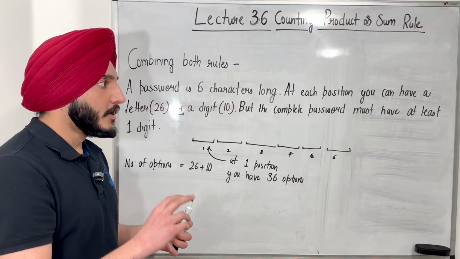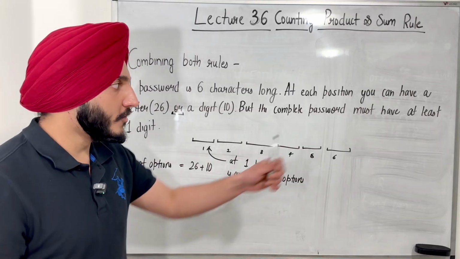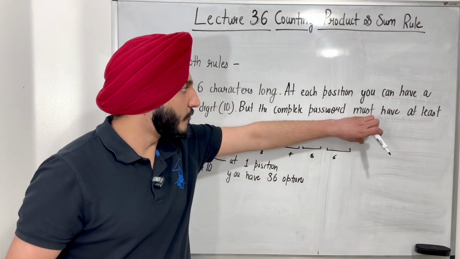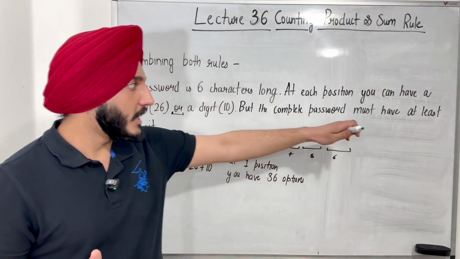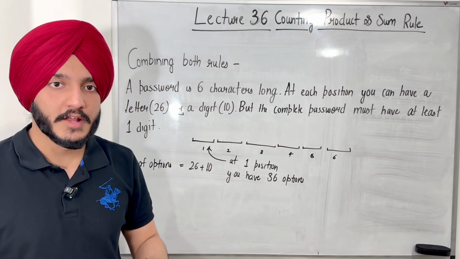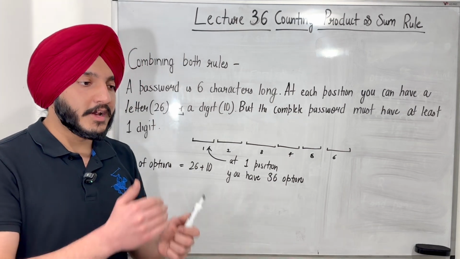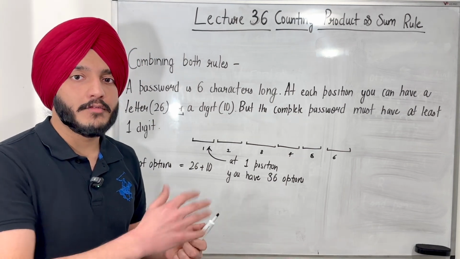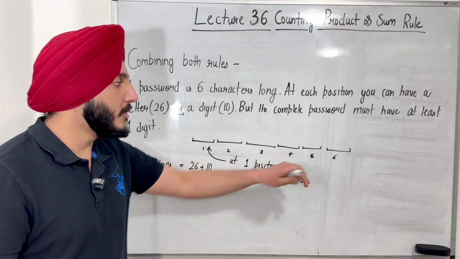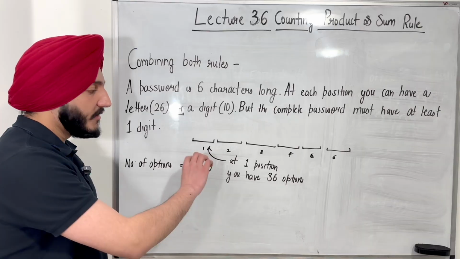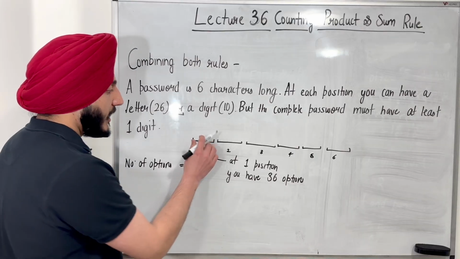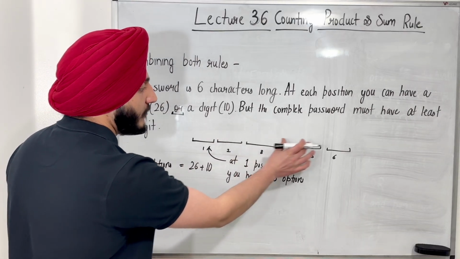Second, the password could have two digits, because the question is saying we need to find the complete password and it must have at least one digit. So it could be at least one, but it could be more. So the password could have two digits, three digits, and even it could be that all of them are digits. So if it has only one digit, then it could be at the first position, second, third, fourth, fifth, sixth.